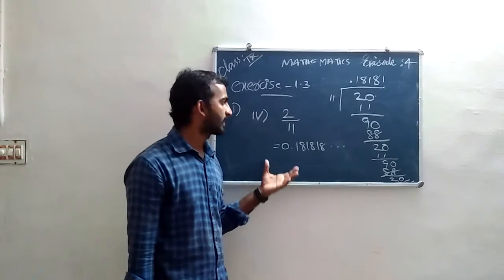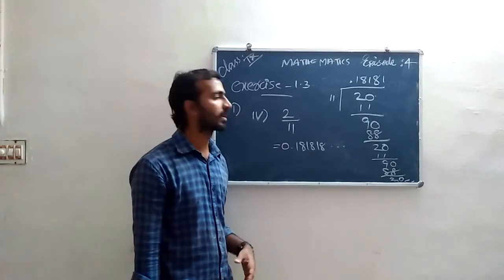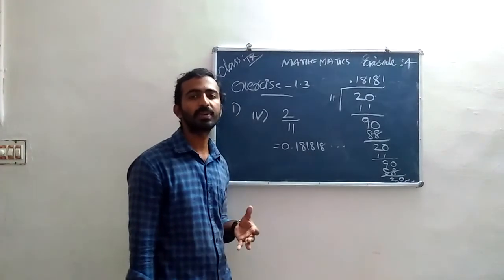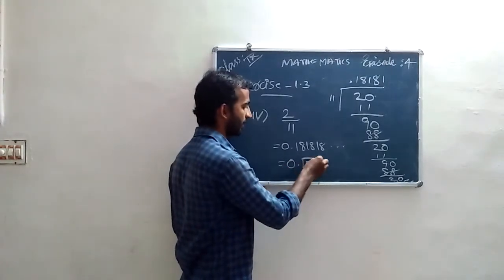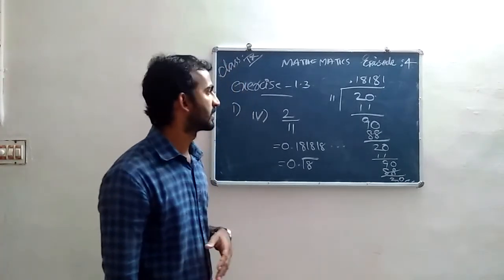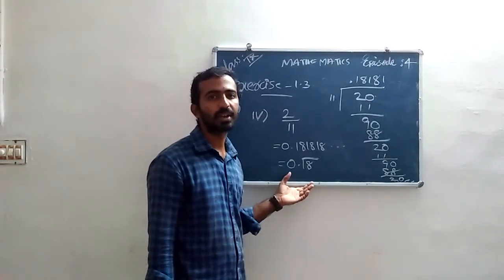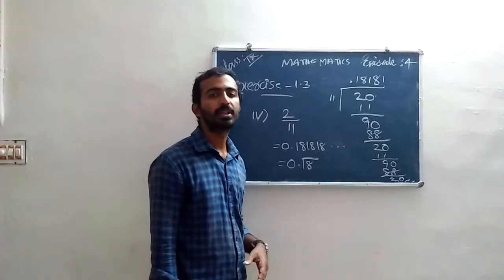This is a non-terminating number. 2 by 11 is non-terminating. We can write 0.18 bar. Is it right? Yes, it is right. This is a non-terminating number.